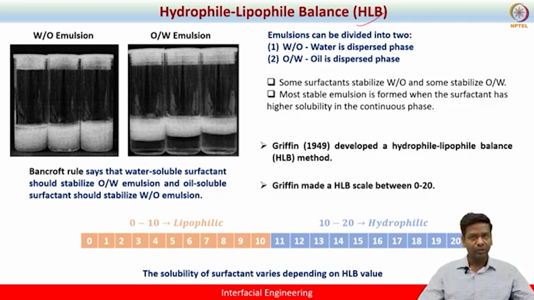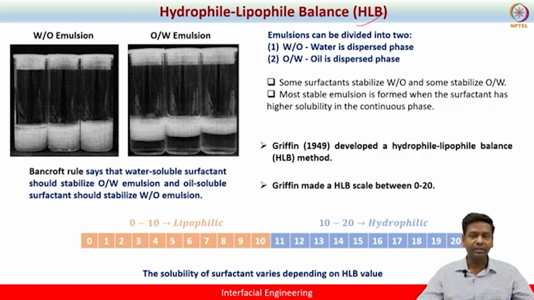As you know, a surfactant is an amphiphile compound, which consists of both hydrophilic and hydrophobic groups. Sometimes the hydrophobic groups may be more dominant than the hydrophilic groups. In such a case, the given surfactant will stabilize a water in oil emulsion.